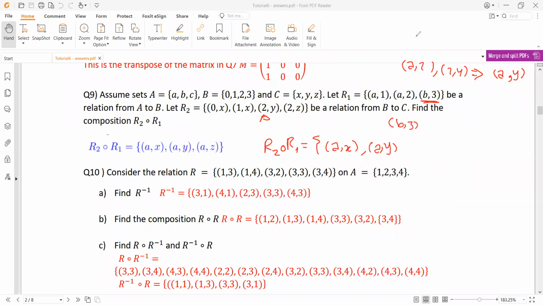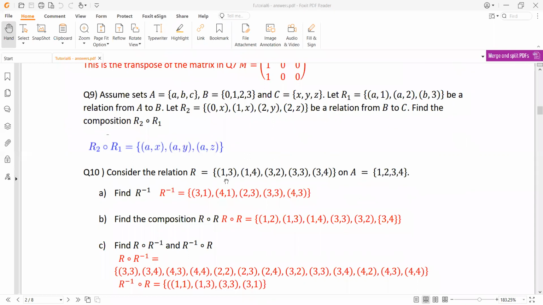Sorry, here I don't have anything that starts with 3, but I missed combining A with 2 with another value, which is 2 comma Z. So the composition generates A goes to Z. Okay? So here is the composition R2 composite R1.